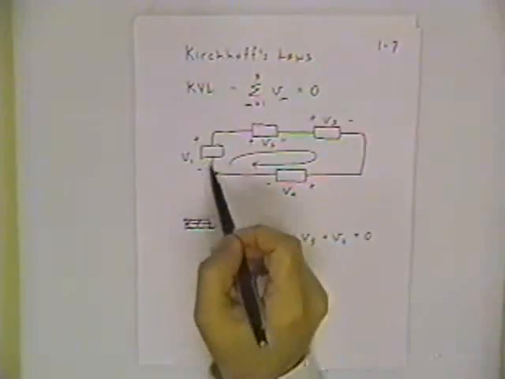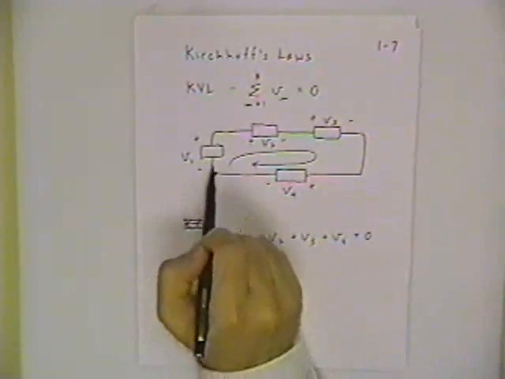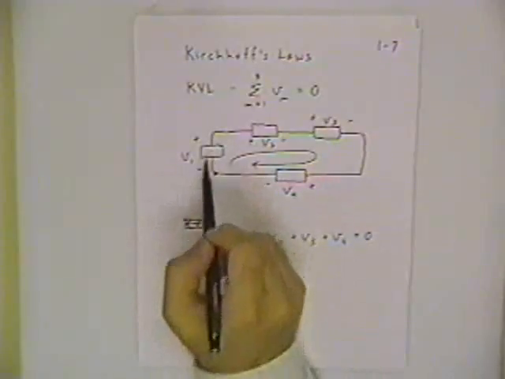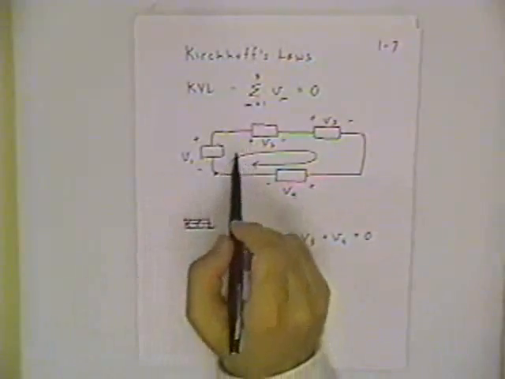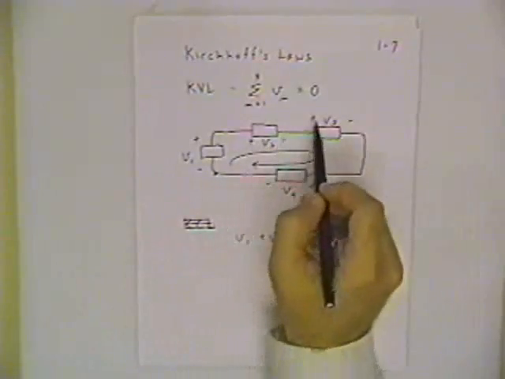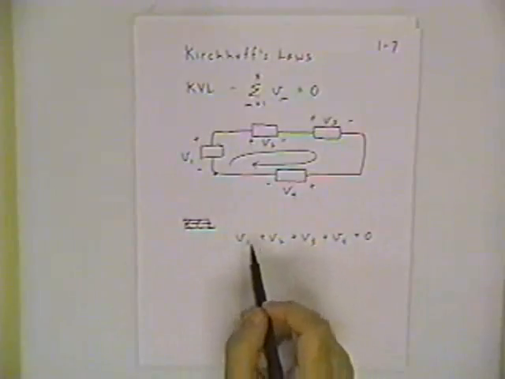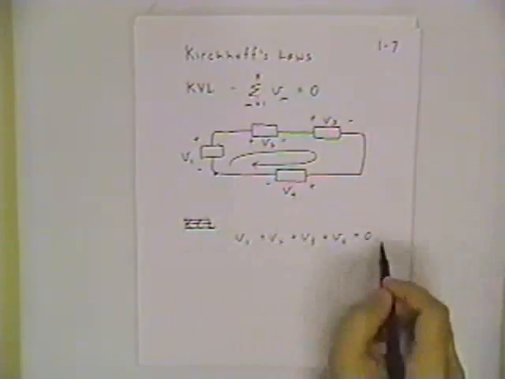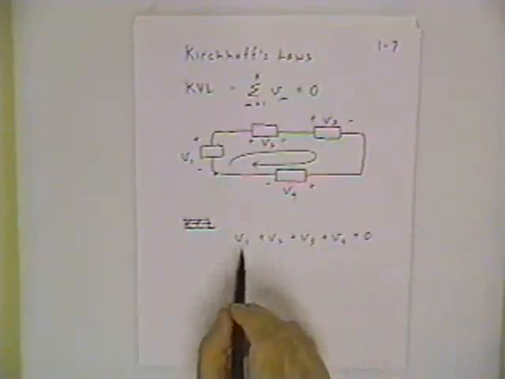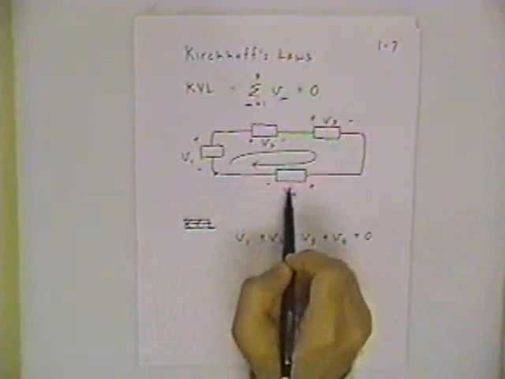Well, in a way, what I've just revealed to you by my terminology is that V1, if I'm picking up energy going through V1, that must be a source. And V2, with a plus to minus this way and a plus to minus this way, we're losing energy. And so, in fact, this equation isn't quite right, because I don't just total up V1, V2, V3, V4.